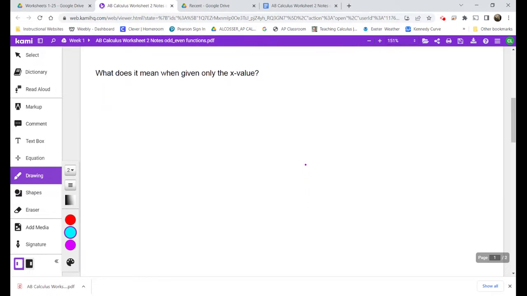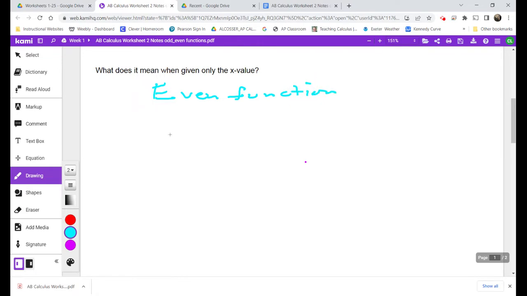All right. So what does it mean if they just give you an x value? They're going to tell you something like this. It's an even function, and they say that if it's an even function and the first thing I put in is -8, I get out 4.